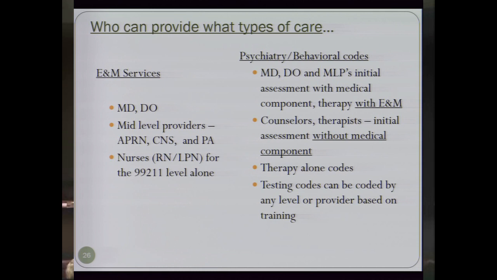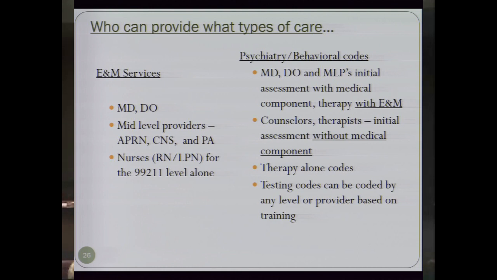In the psychiatry behavioral health codes, many of them are wide open, except the evaluation diagnostic assessment with E&M, which can only be provided by the physician, nurse practitioner, CNS, physician assistant. Counselors can provide an initial assessment without medical component. Anybody can provide any kind of therapy, and all providers can use interactive complexity correctly.